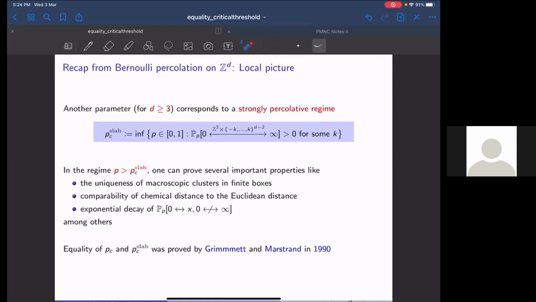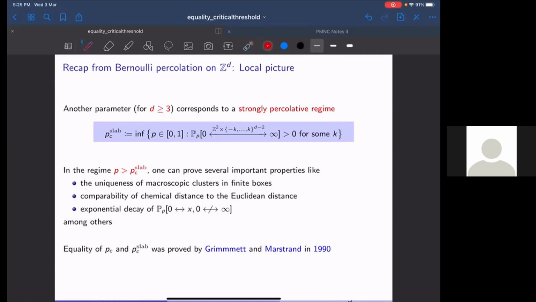The correct way to look at the rate of convergence is to require that 0 and x connect to each other through a finite cluster. This is expected to behave like the near critical point, basically similarly, but one being the analog of the other in the respective regime. So this is also expected to decay exponentially.